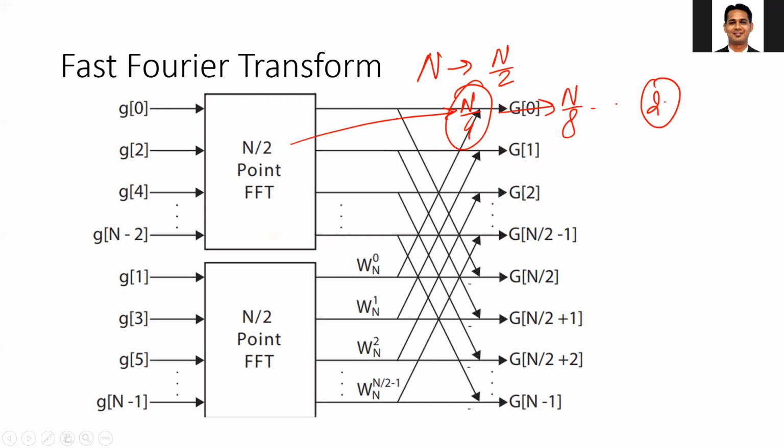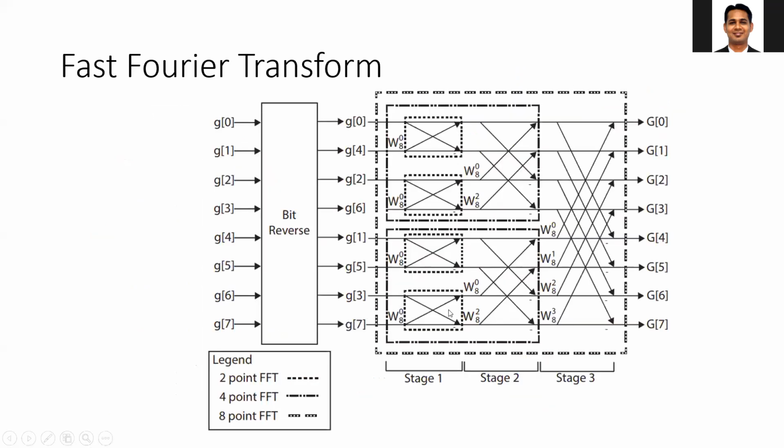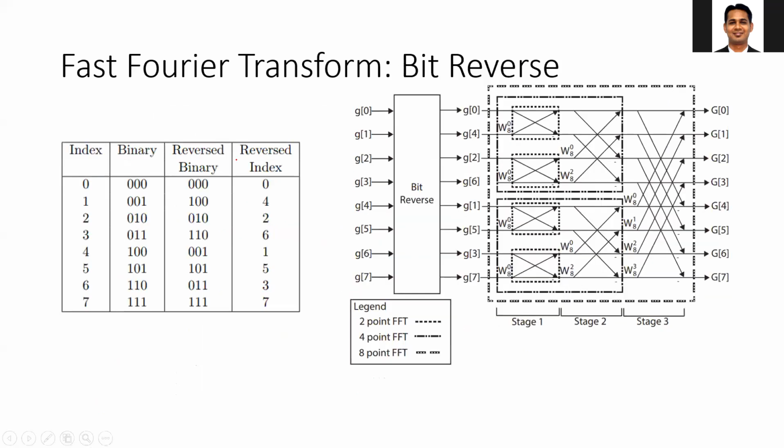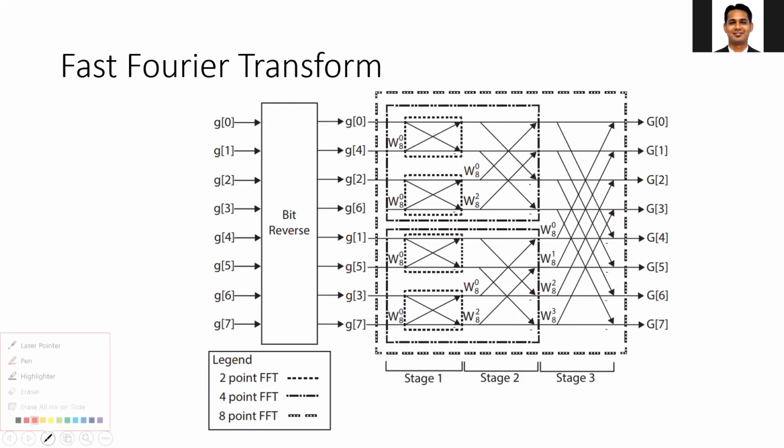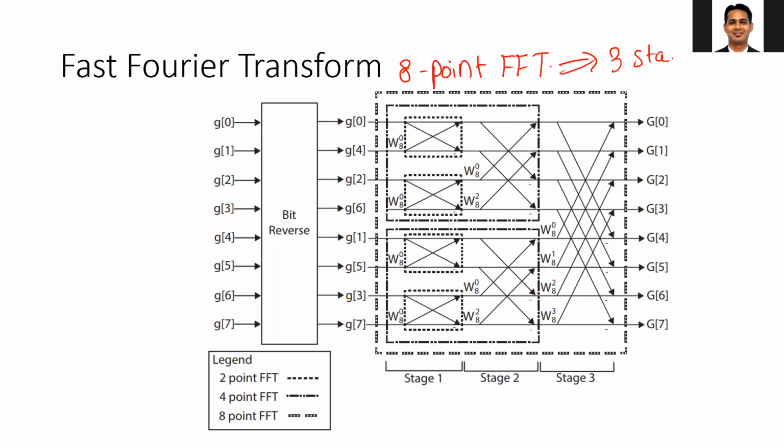So now, while writing the application, how are we going to do this? Let's come back to our 8-point FFT example, which we have already done in the previous videos. In this 8-point FFT, you can see that we have 3 stages: stage 1, stage 2, stage 3.